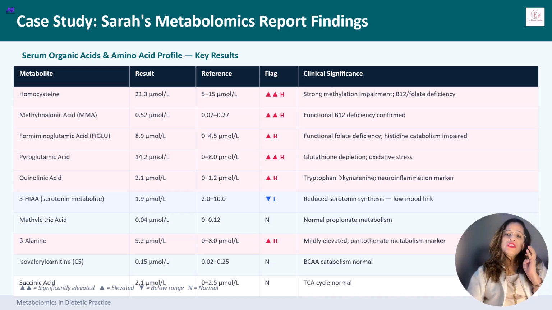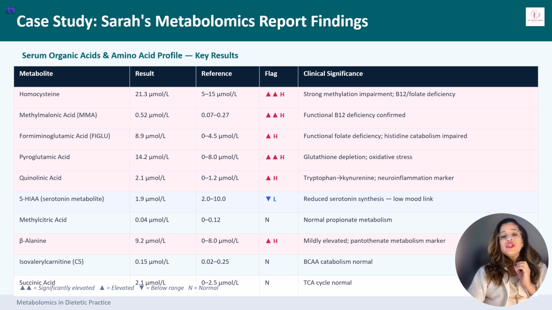Okay. So serum B12, 215 picomoles per liter looks borderline, and you might just dismiss the patient, and you may tell the patient, you're borderline, you seem okay. And if you look at the other levels, it is such a high range. So MMA, which is 0.52, is basically elevated.